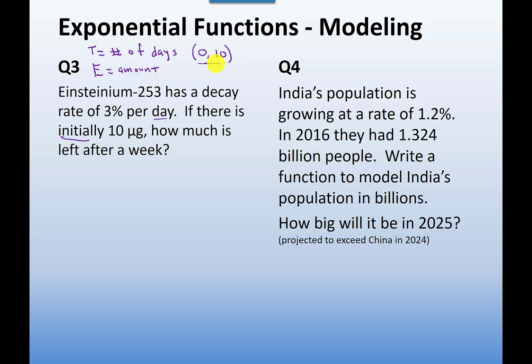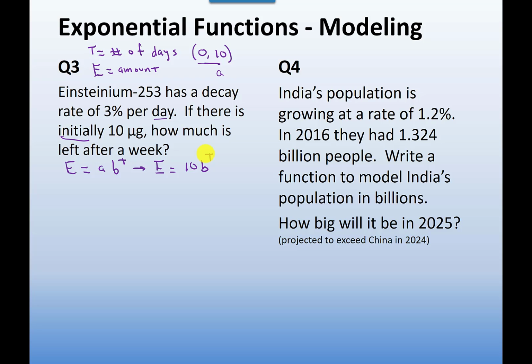So that's our y-intercept point, which is also a. So our equation is half created here. E is going to equal ab to the t. Well, we just figured out that that is 10b to the t power. So all we need to do is figure out b.